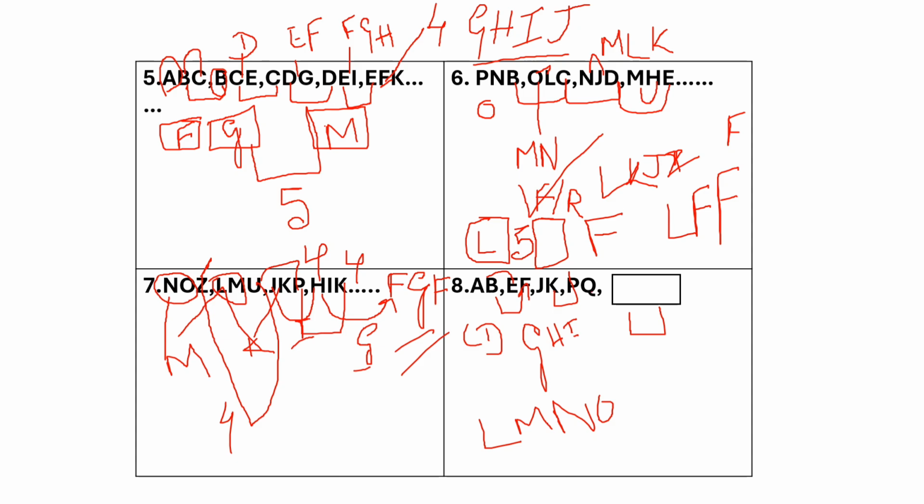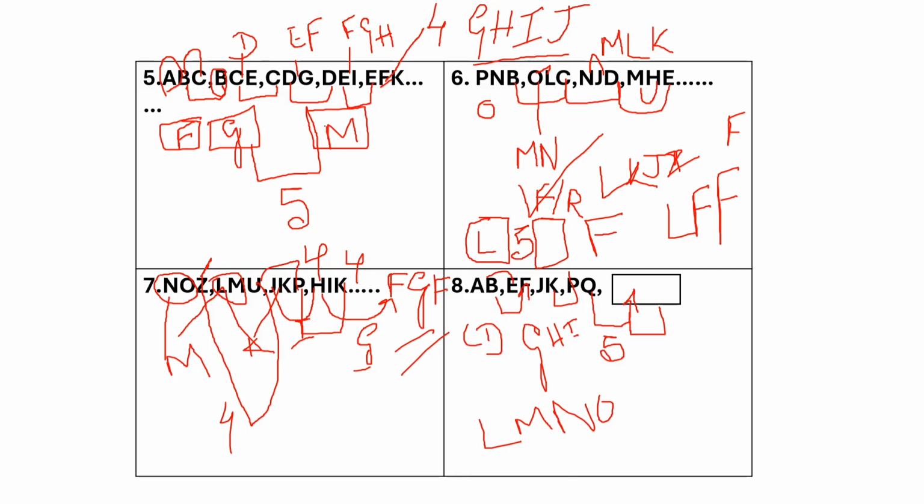Next, Q to next letter, we have to leave 5 letters. Why? Because the logic of this question is, between the first term's ending letter and the second term's starting letter, the difference is 2. Second letter of second term and first letter of third term, 3 letters are missing.